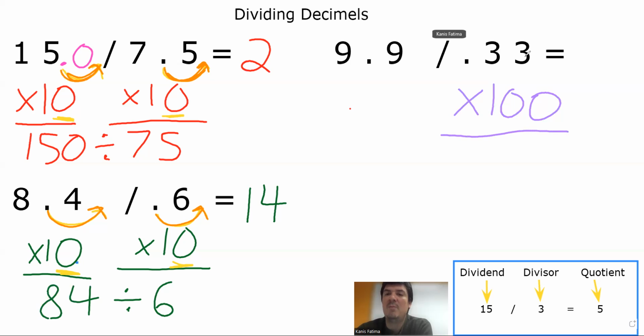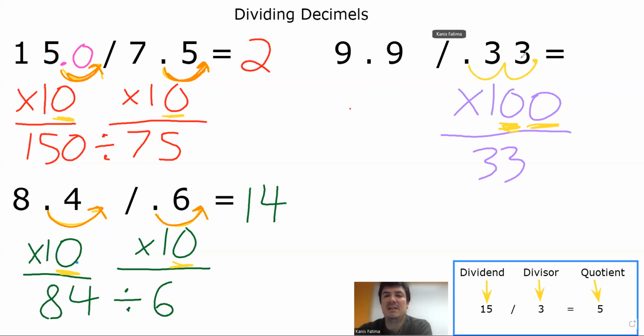So when I multiply 0.33 times 100, because the 100 as a multiple of 10 has two zeros, I move the decimal two spots. So 0.33 times 100 is 33.